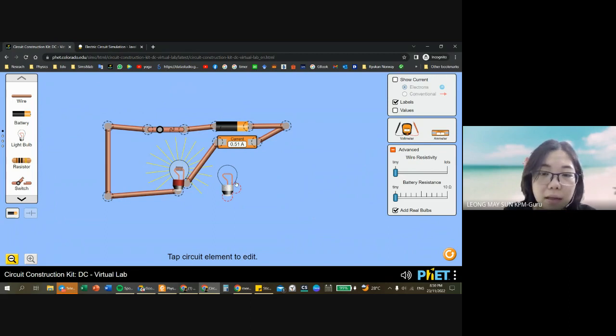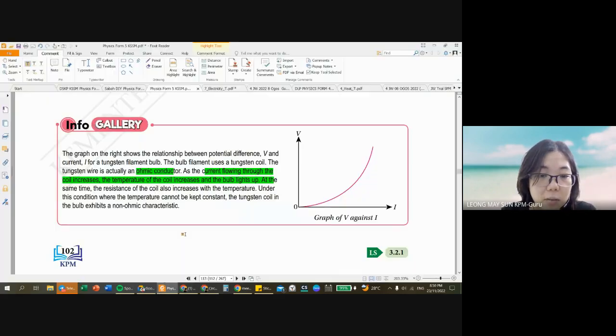So when charges pass through this wire, it will heat up, and when it heats up, it creates light energy. It will actually shine. So in this case, this is what it meant: when current flowing through the coil increases, the temperature of the coil increases, causing the bulb to light up.